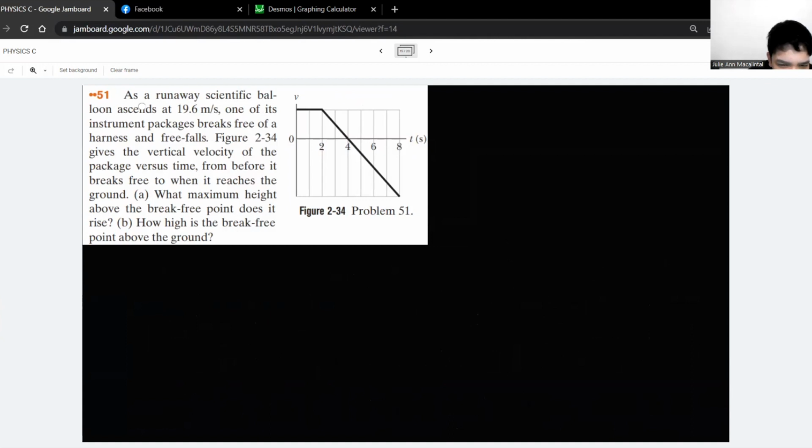Something balloon, maybe a weather balloon. Okay. Oh no, disaster. Okay, so the maximum height, when it breaks free, is the high point.